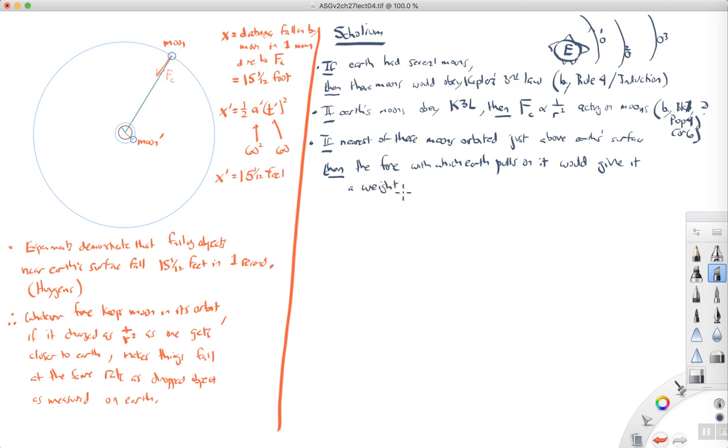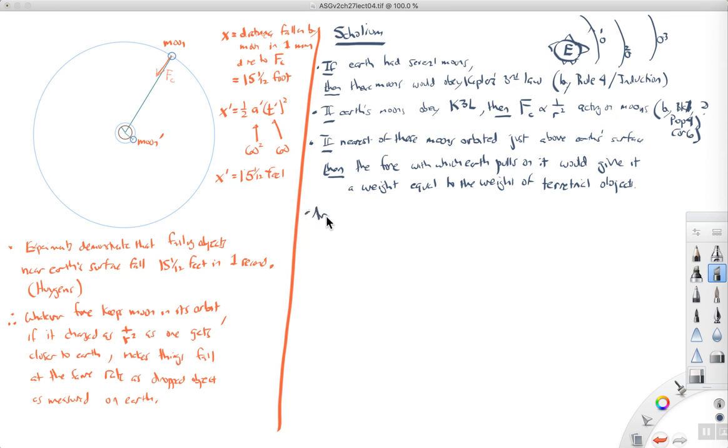It would give it a weight equal to the weight of typical terrestrial objects instead of lunar objects. That's what he showed in this previous postulate right here. You have a closer distance, 1 over r squared force. The force goes up. It's going to give it a similar weight to those objects.